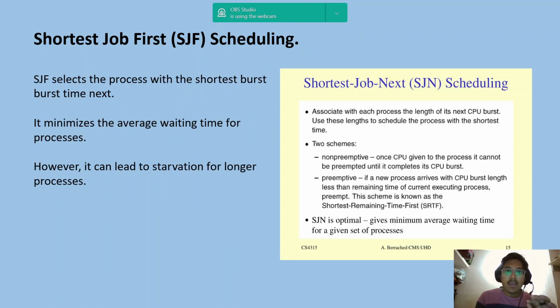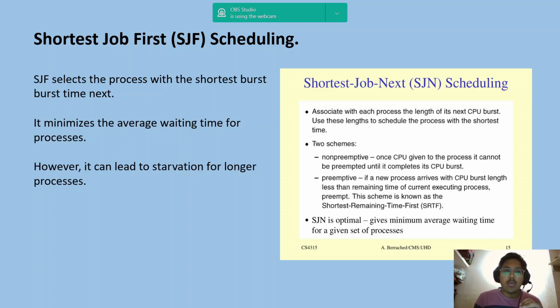Next thing we have is shortest job first scheduling. We also call it shortest job next scheduling. It will select the process with the shortest burst time. What is burst time? Burst time is the amount of time required by the process to be executed completely, right?